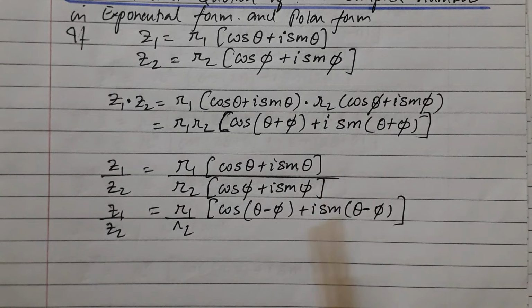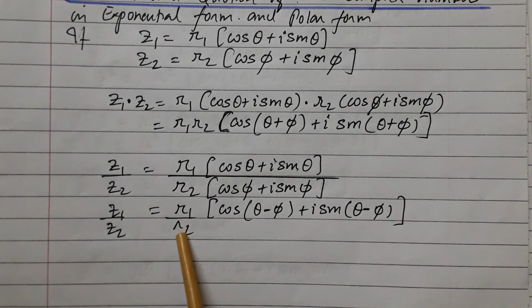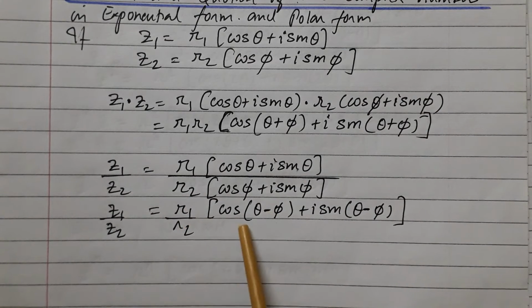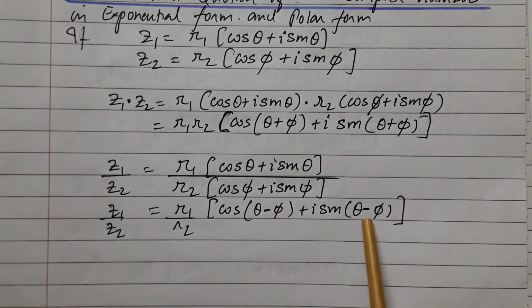Now again it's very simple because in multiplication the arguments get added, whereas in division they just get subtracted. So r1 by r2, the magnitude, remains outside, and inside the arguments get subtracted: cos (theta minus phi) plus i sin (theta minus phi).